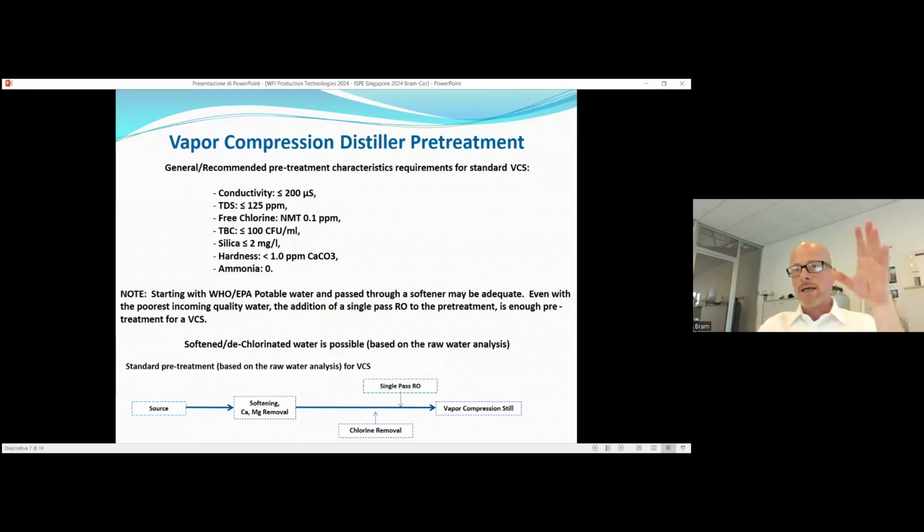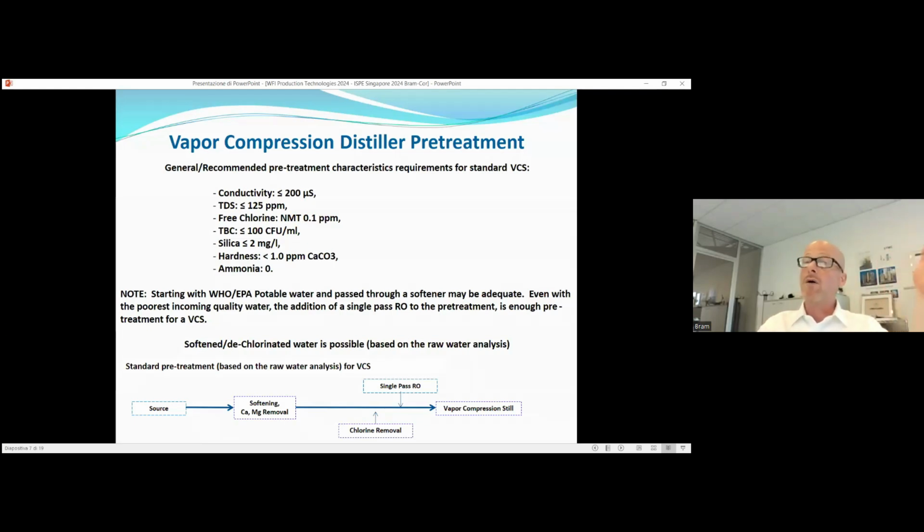Let's say that 200 microsiemens of conductivity allows to work in some cases just with softened water, dechlorinated water, and go into the machine directly.